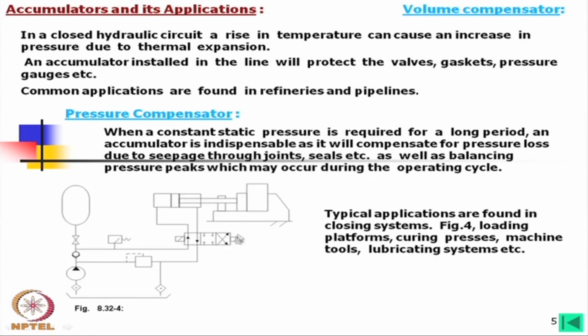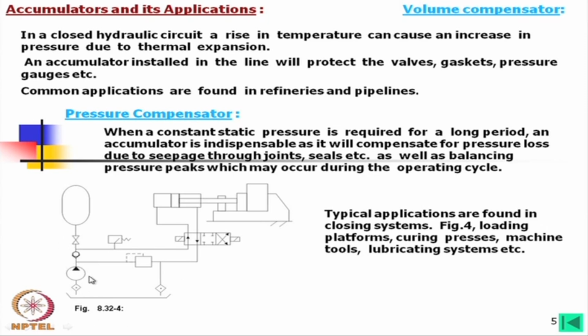Now, this is a system, apparently some sort of press, where something is being pressed with a pressure for not a very long time, but this operation is being done for a substantial time. In that case, what is the system?